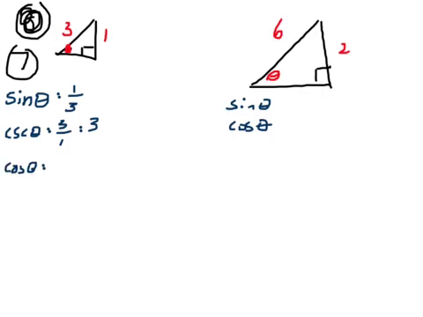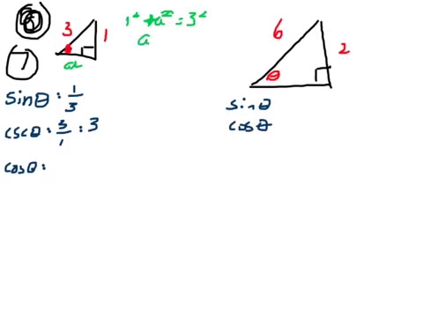Now for cosine, I need adjacent over hypotenuse. And if you look back at numbers 1 and 3, what you can do to find that missing side is use the Pythagorean theorem. Let's call this missing side A, for adjacent side. 1 squared plus A squared is equal to 3 squared.